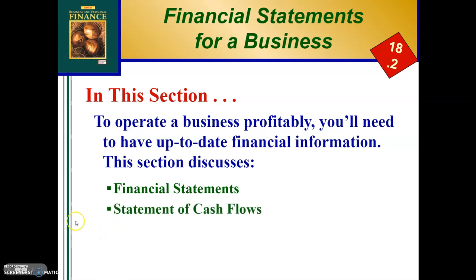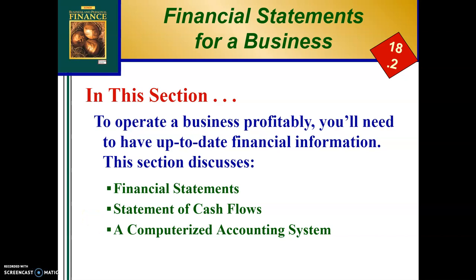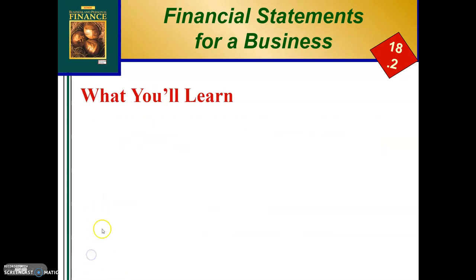We will also talk about a statement of cash flows, which is cash coming in as well as cash going out, and a computerized accounting system, which is used by most businesses in order to track and update their financial records. There are many of these that are used synonymously with each other. So you really can't have financial statements without a statement of cash flows, and you really can't have financial statements that aren't being tracked in some type of a computerized system.